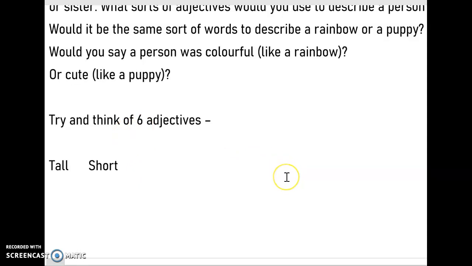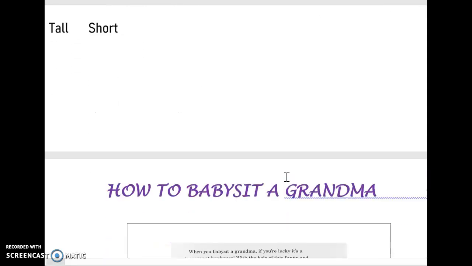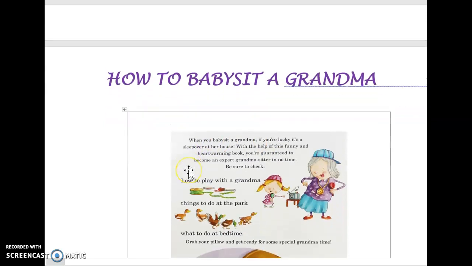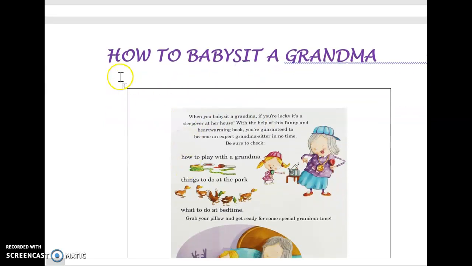When you've done that, get your scrapbook out to a new page, and we're going to look at our book. You're going to find a new page and you're going to write the title here: How to Babysit a Grandma. Now I've written the date here and it hasn't come out, but you write the date at the top, the 29/7/2020.